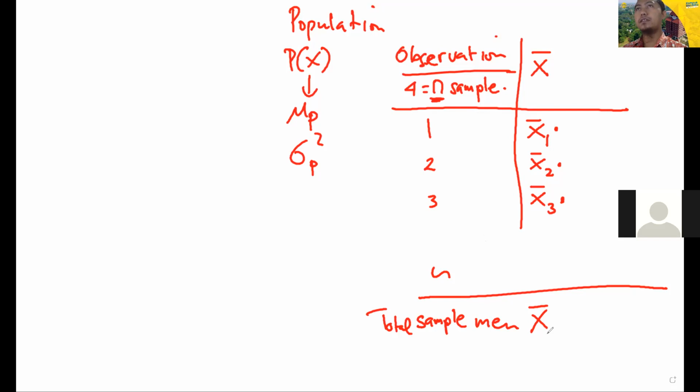And from this data, we also have a variance, right? Because each observation will generate a different sample mean, and from these differences we can compute the standard deviation of the sample mean.